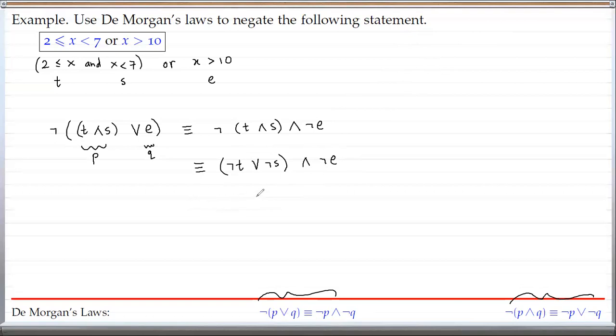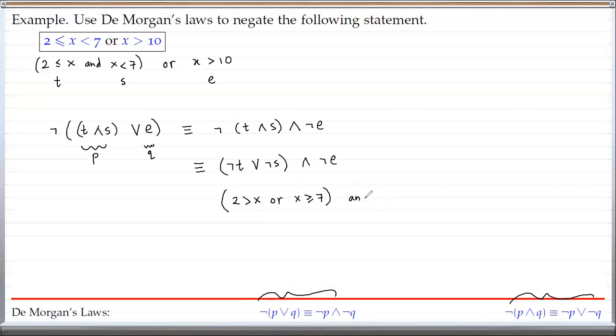Now we can write this back in terms of the given statements. The first part is not T or not S. Not T would be 2 greater than X, or not S would be X greater than or equal to 7.